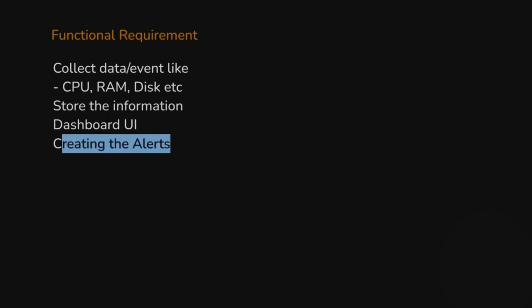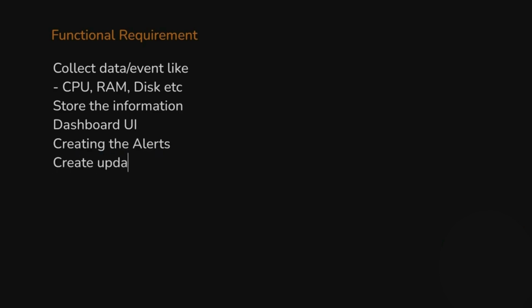When a threshold is reached for RAM or CPU utilization which needs intervention from these stakeholders, we can create alerts based on the rules defined by these users. So let me add the rules as well: create and update the rules for these alerts.